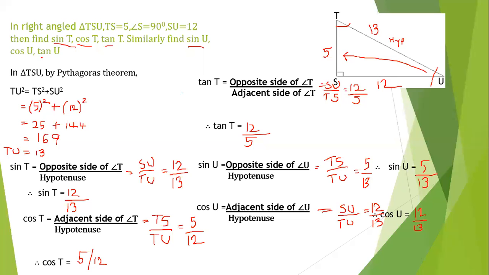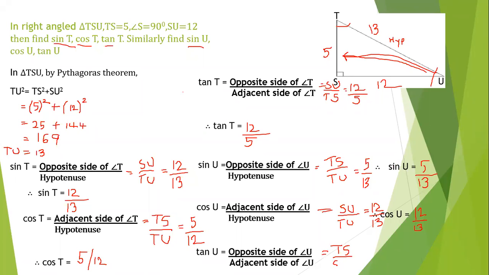And the last one is tan U. So tan U is equal to opposite side of angle U upon adjacent side of angle U. So for opposite side, here we have angle U. So the side opposite to it is TS, right? So here we will write TS. Adjacent side of angle U is SU.